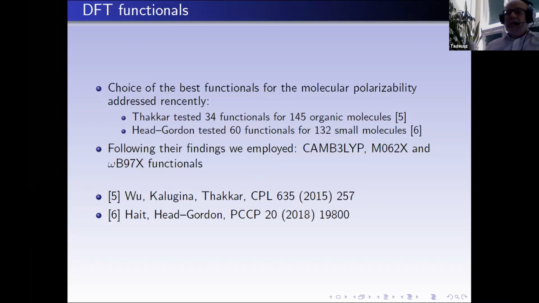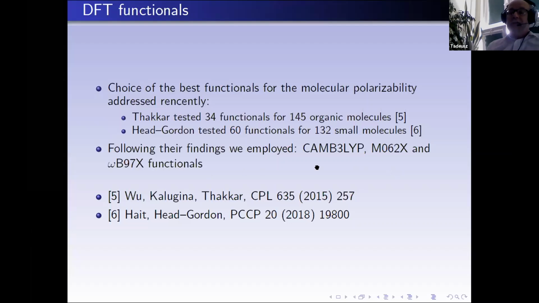But recently, both Tucker and Head-Gordon tested about 60 functionals for a large number of small molecules, and their findings are that among the best performers are the functionals that we also use in our calculations.